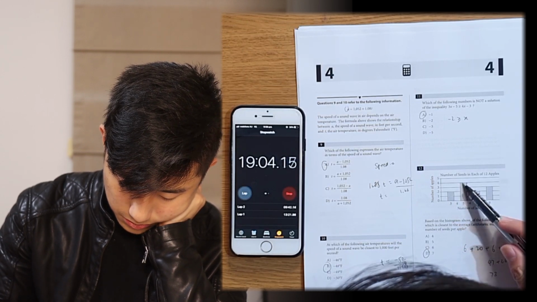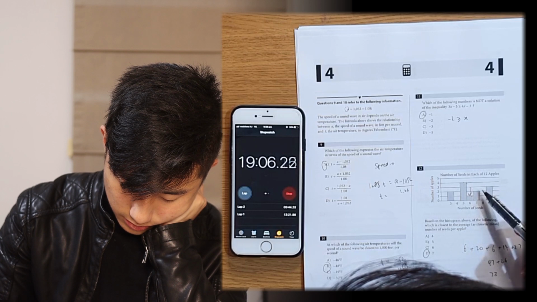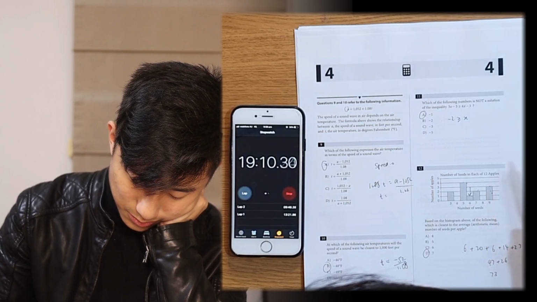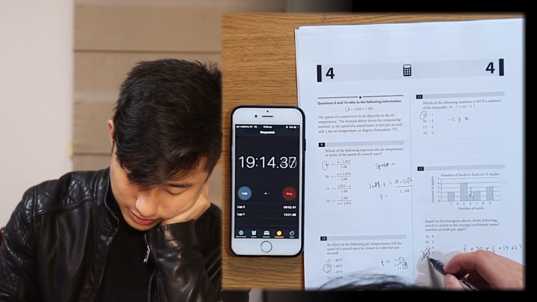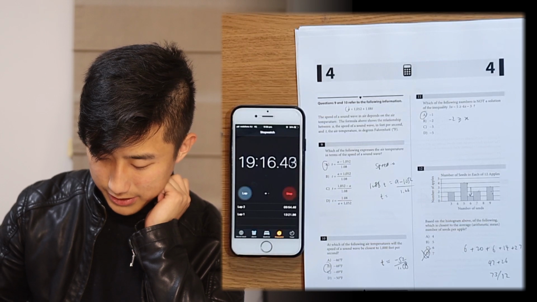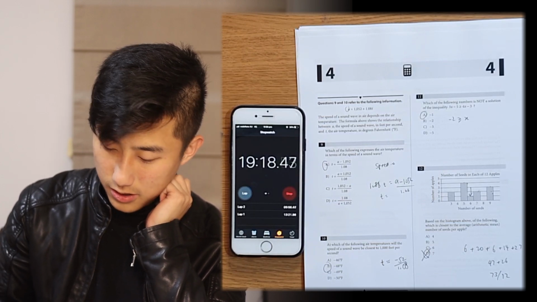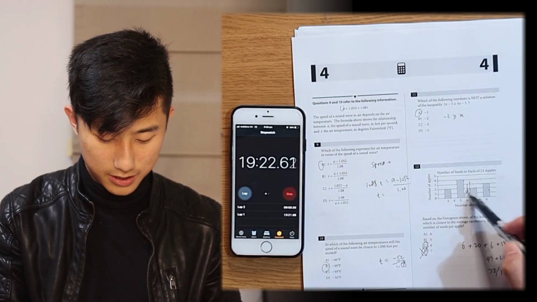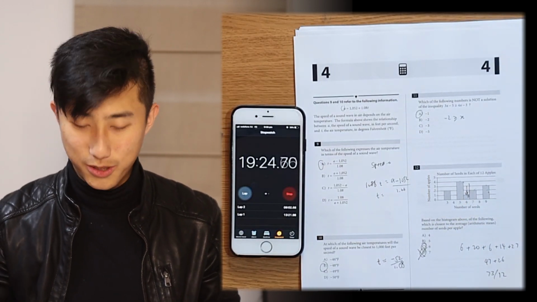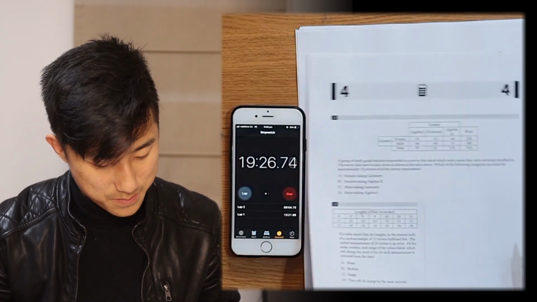And there are 2 plus 4, 6, 7, 8, 9, 10, 11, 12. So divided by 12, it's not D. 73 divided by 12, which is 6. Yeah, that did seem a little bit off because it wasn't in the center like I thought it would. So I did not make a silly mistake that time.